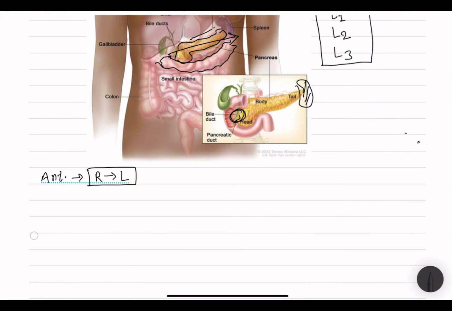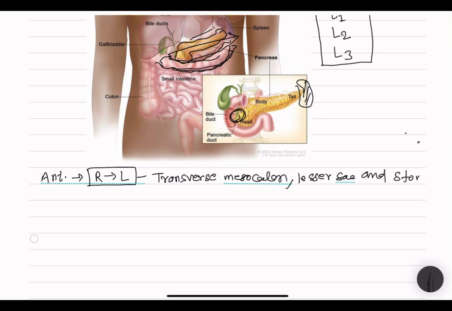So from right to left, first it's the transverse mesocolon, we can see this is the transverse part of our colon, the transverse colon, then the lesser sac and the stomach. So sometimes in the exam they will ask what is the organ located anteriorly to the pancreas.